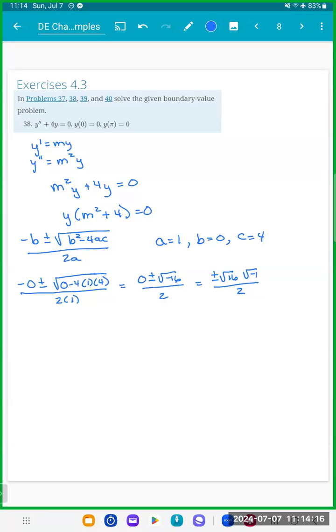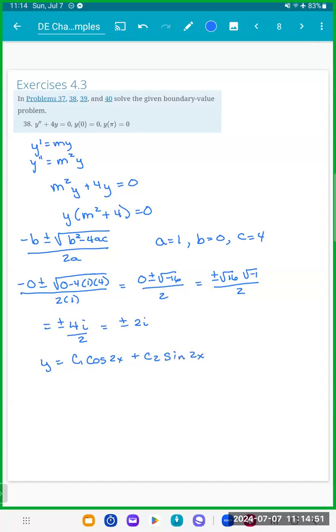However, the square root of negative 1 is an imaginary number, so we can simplify this a little further to give us plus or minus 4i divided by 2, which simplifies to plus or minus 2i. Then we can have that y is equal to c1 cosine of 2x plus c2 sine of 2x.